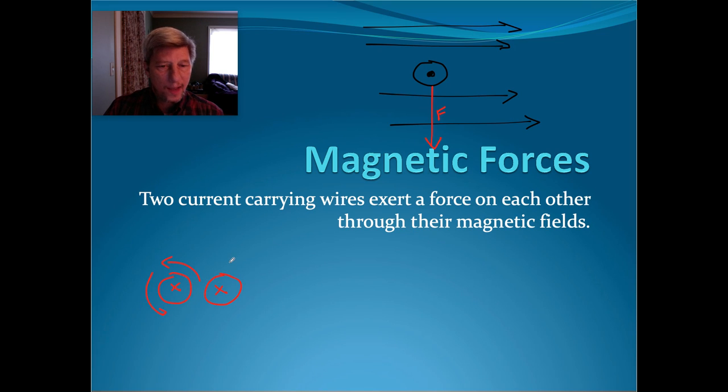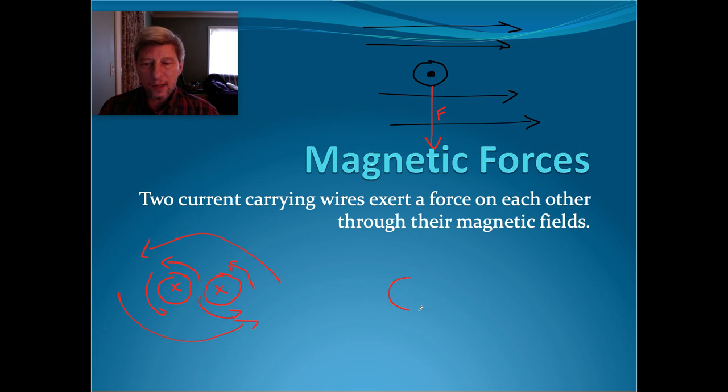And the same thing is going to be true here. What will happen if these two wires are really laid next to one another is that they will be attracted to one another, and that you will end up forming one big magnetic field around the whole kit and caboodle.